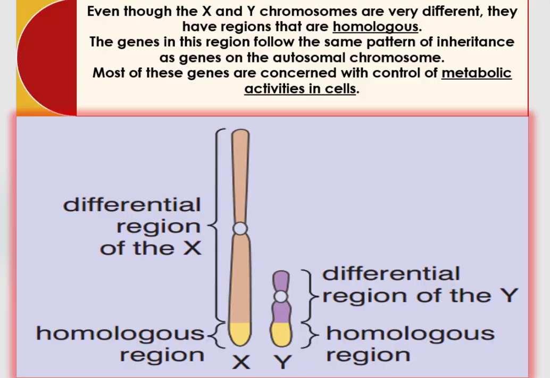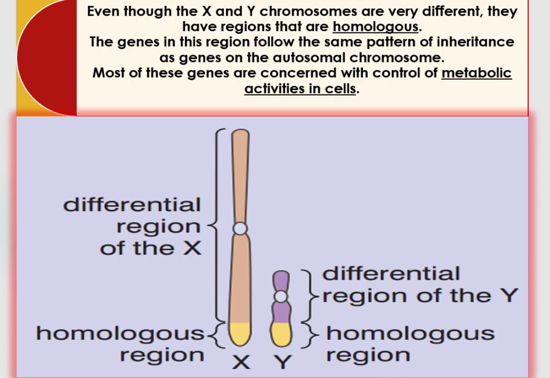Even though the X and Y chromosomes are very different, or non-homologous, they have regions that are homologous, having the same gene sequence. The genes in this region follow the same pattern of inheritance as genes on the autosomal chromosomes. Most of these genes are responsible for controlling metabolic activities in our cells.